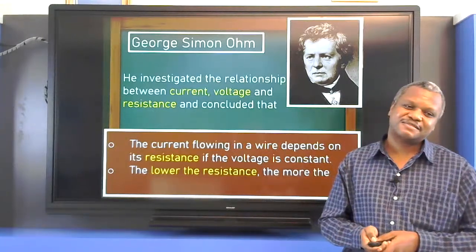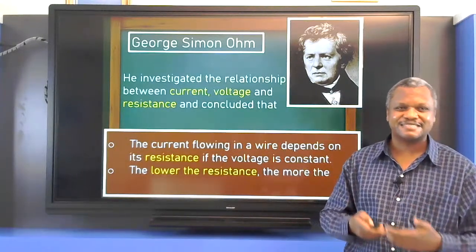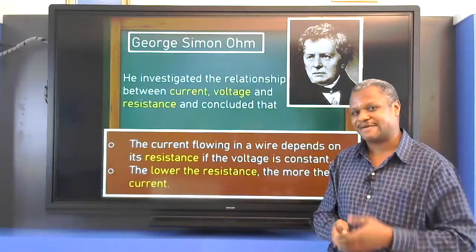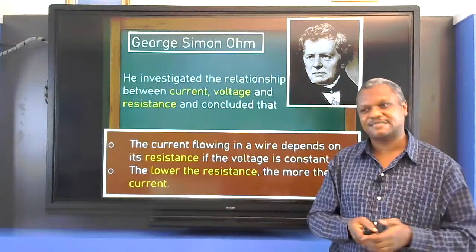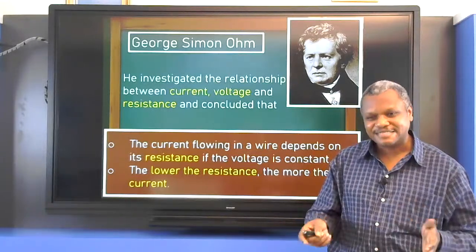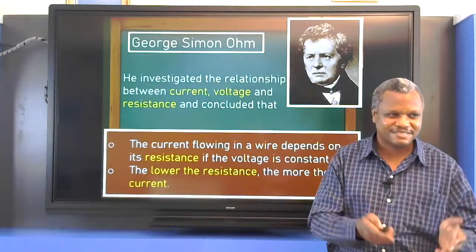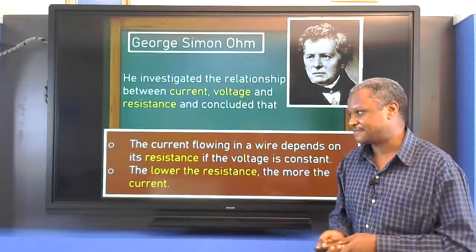He also found out that the lower the resistance, the more the current, and vice versa. The less the resistance, the more the current. The more the resistance, the less the current.